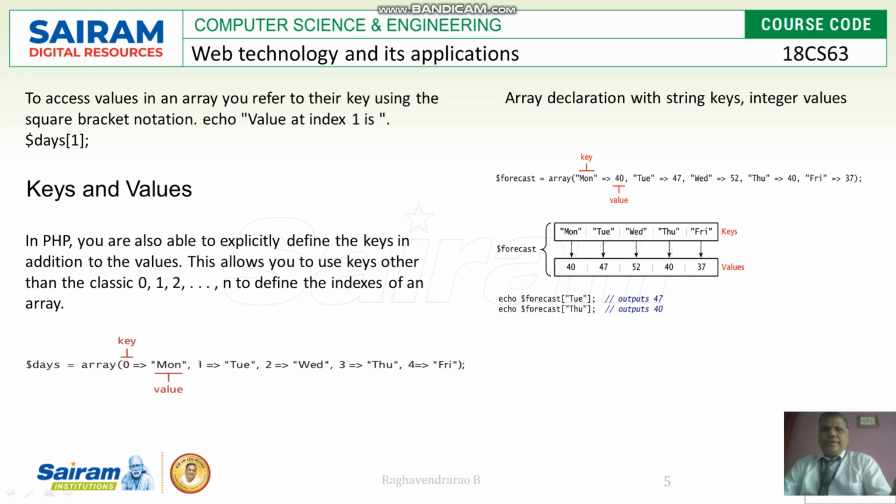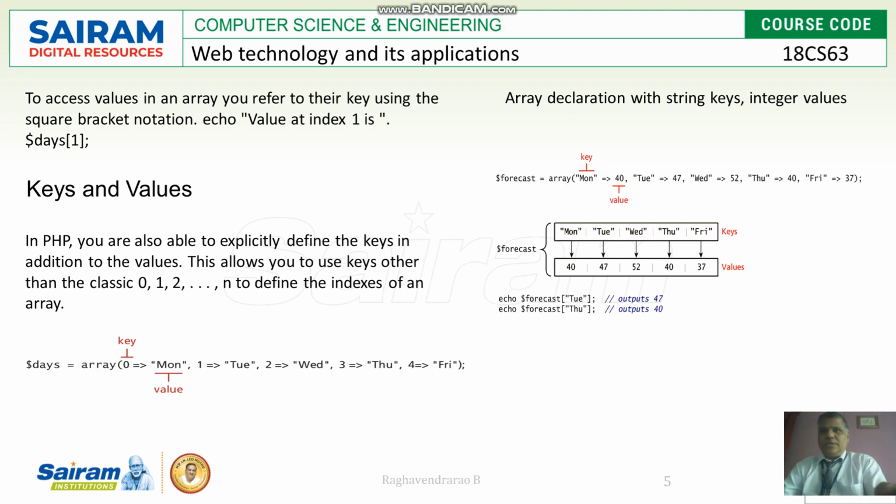Let us see the key value pair, how it is going to be. Okay, here in PHP we are also able to explicitly define the values, the pair of key and value.